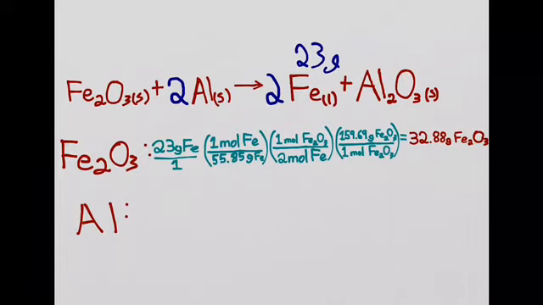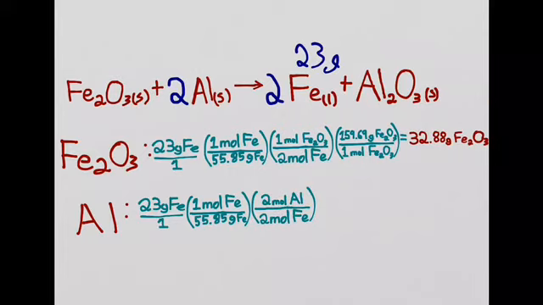32.88 grams of Fe2O3. And so now we do basically the exact same thing on the bottom, which, to save time, is 23 grams of Fe multiplied by 1 mole of Fe over 55.85 grams of Fe, which is then multiplied by 2 moles over 2 moles of Al and Fe, representing the mole ratio between these two 2's.